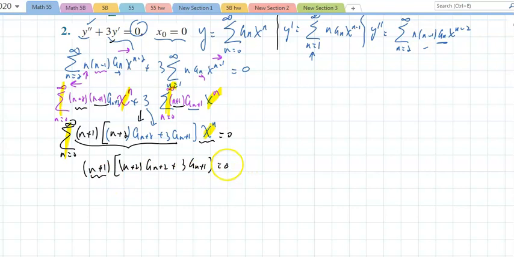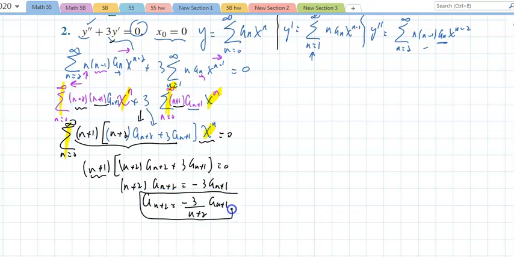If I divide both sides by that, that's gone. I'm looking at n plus 2 a sub n plus 2 equaling negative 3 a sub n plus 1. And if I divide by n plus 1, that's the recursive formula. That's kind of what they want in part A.